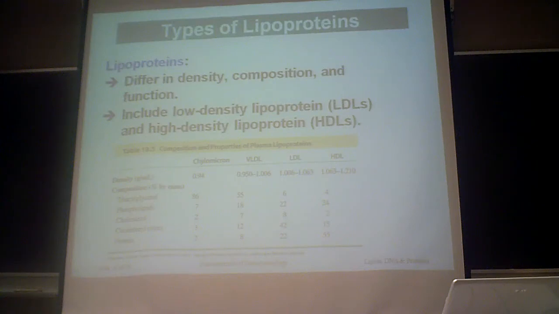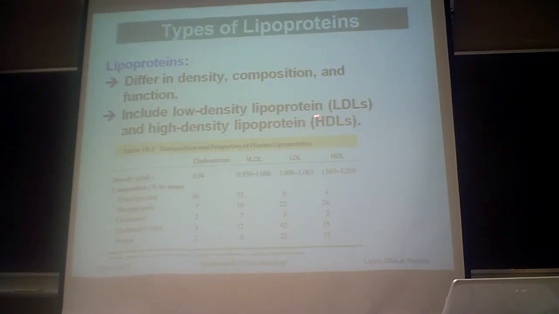People have been spending a lot of time figuring out how to handle it. Lipoproteins differ in density, composition and function, depending on what is inside the structure. For example, if you go for health screening, they will give you two readings, LDL and HDL.